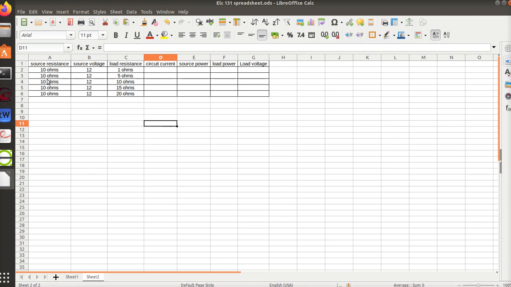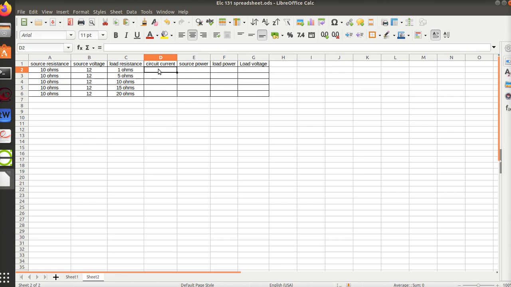Okay, so I've got a source resistance, a load resistance. They are actually in series. So my circuit current would be the source voltage of 12 divided by the internal resistance plus the load resistance.